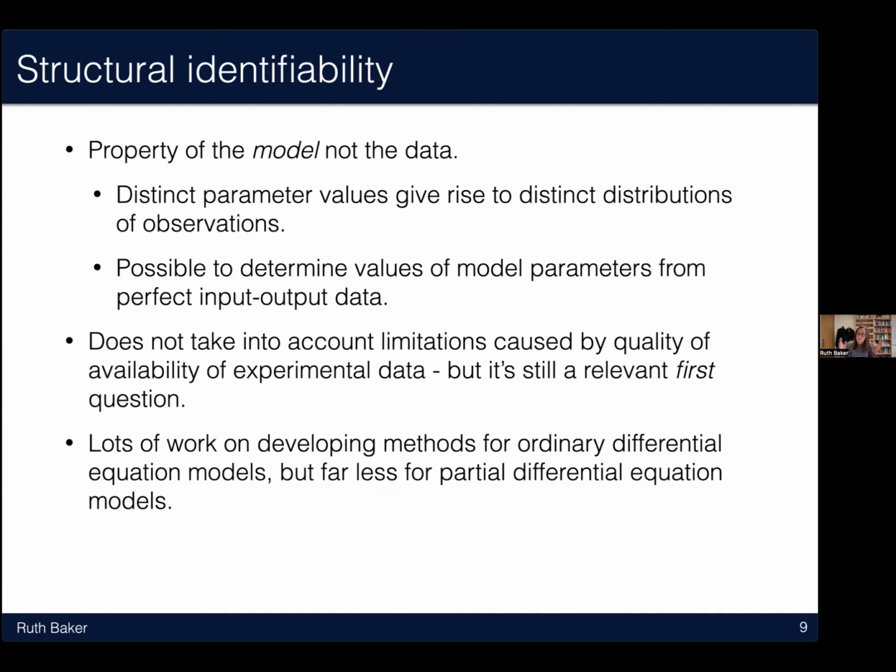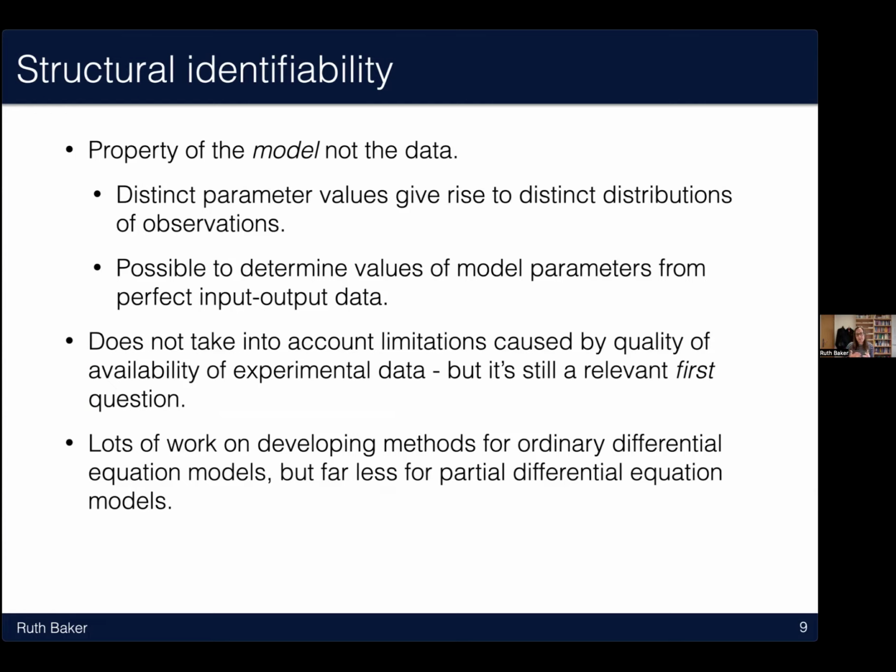And the reason that that's important is essentially if I want to estimate my model parameters given perfect data, I need that. So if I take two distinct sets of parameter values and they always give rise to distinct distributions of observations, in principle, I should be able to estimate my model parameters from perfect input-output data. And if that's not the case, then it doesn't matter what data I have, I can't do that.